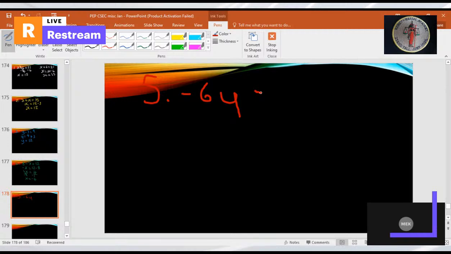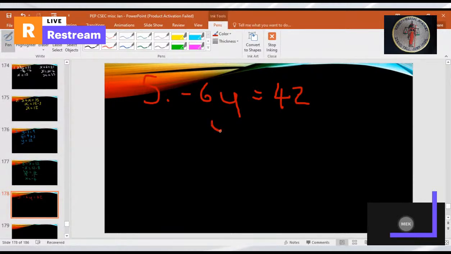So here we have negative 6y is equal to 42. We are multiplying the negative 6 and the y. Whenever you see a variable beside a coefficient, they are being multiplied by each other. There's no sign separating them. So it's negative 6 times y. To move the negative 6 across, we have to do the opposite of multiplying, which is divide.